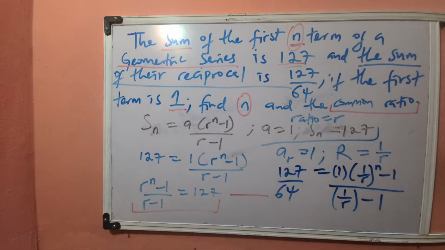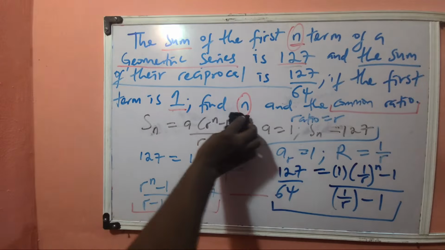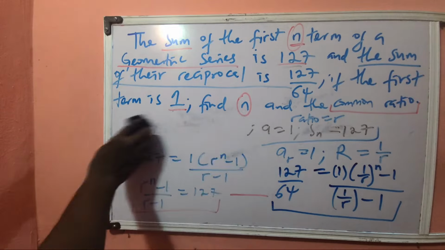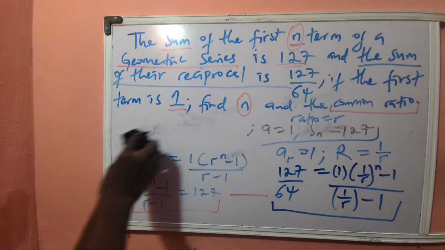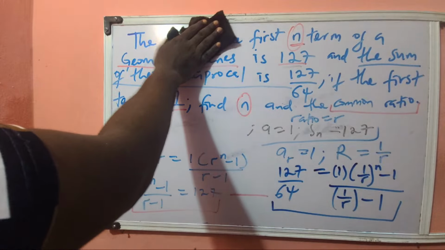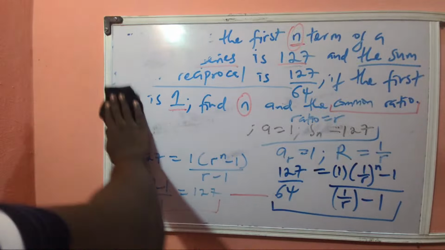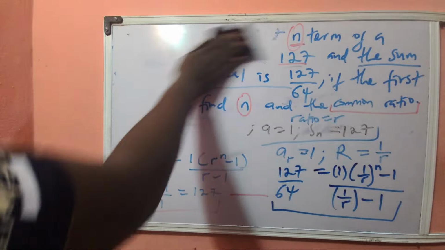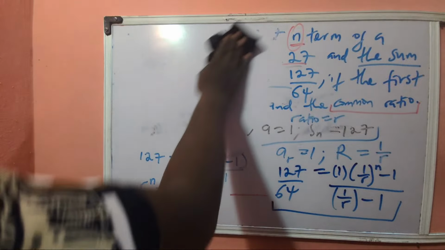So I want to go on to solve this sum of terms for the reciprocal. Permit me to rub off the question. I believe we all have the question so that we can make use of this space, and have enough space for solving.